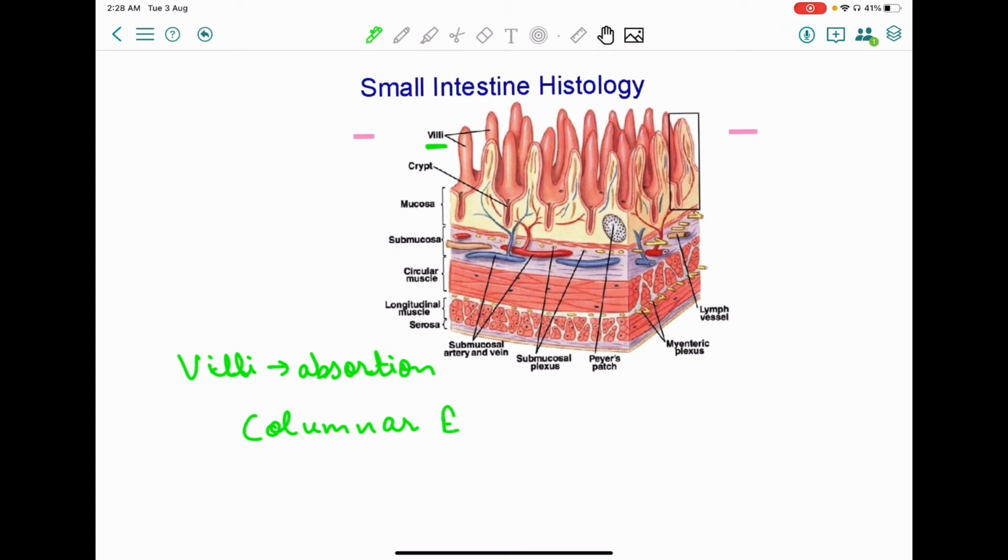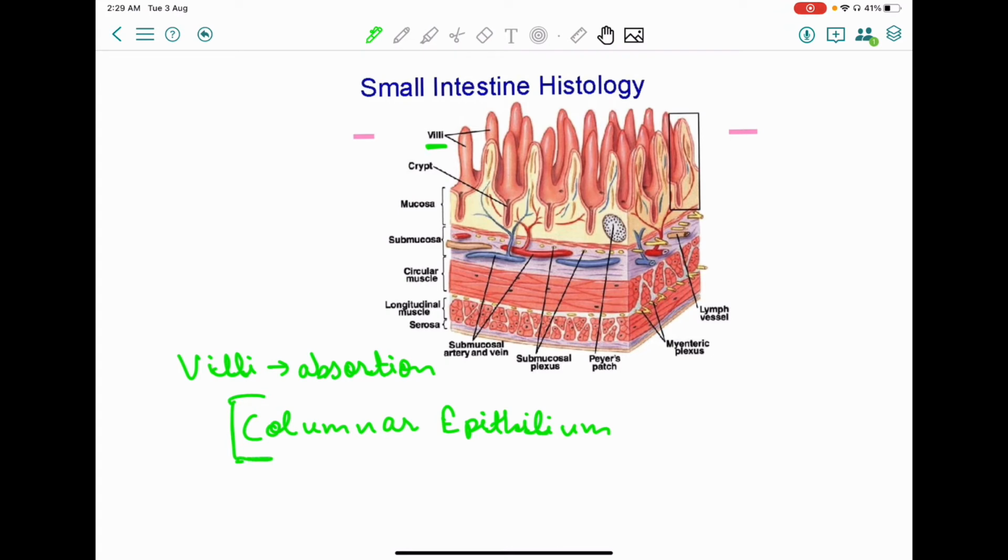Columnar epithelium. Remember that this is just an overview. I'm going to explain later what squamous stratified epithelium and columnar epithelium are. We will discuss this in the next lecture. Right now, just remember that mucosa is in three parts and it has epithelium. Which type of epithelium?